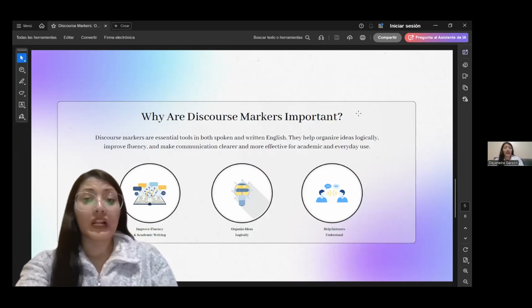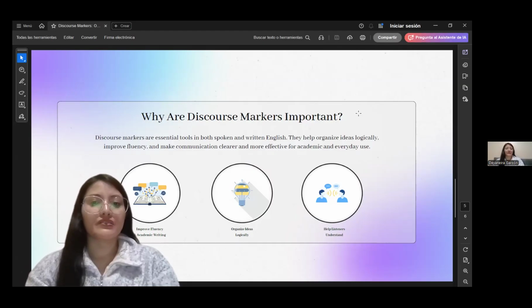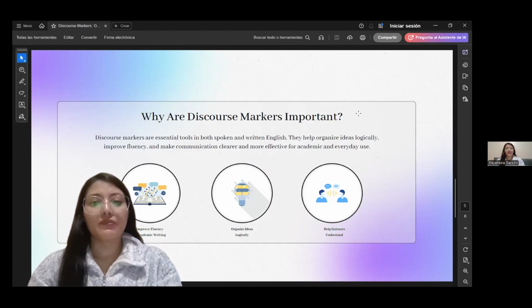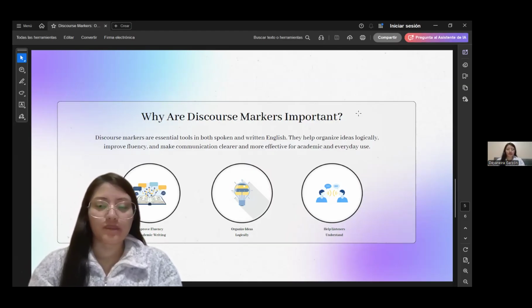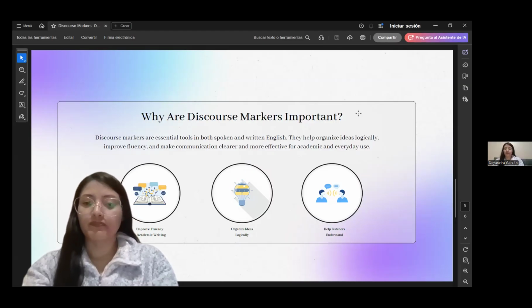For example, learners using discourse markers correctly increase confidence and produce more coherent presentations, essays, and conversations. For this reason, they are considered an essential communication skill.